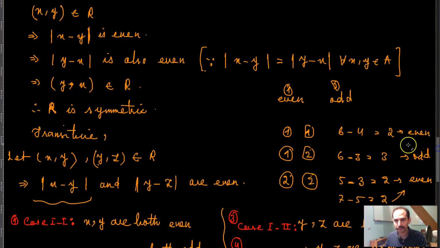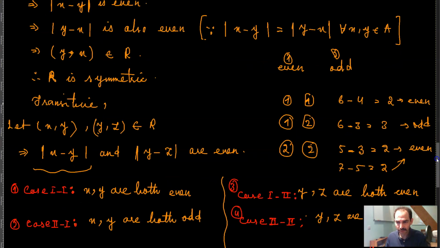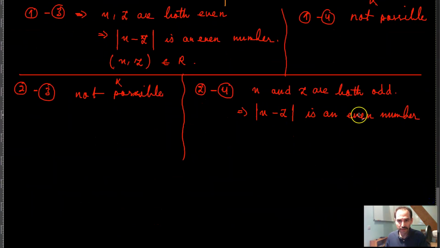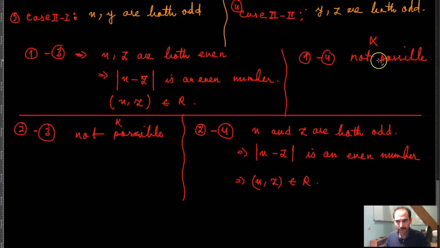As we discussed here, we saw that when we had two odd numbers subtracted from one another, we got an even number, right? So if x minus z is an even number, then you can say that x comma z does belong to R, right? So in each of these cases, here the case was simply impossible, here the case was simply impossible, and in these two cases where the cases were actually possible, we got x comma z belongs to R.